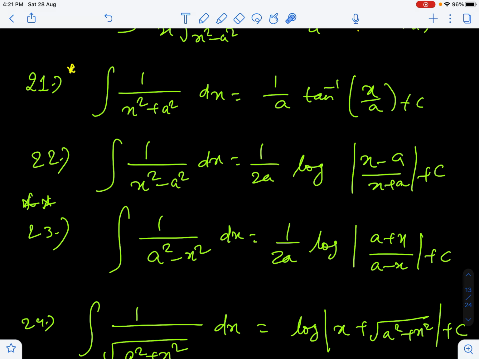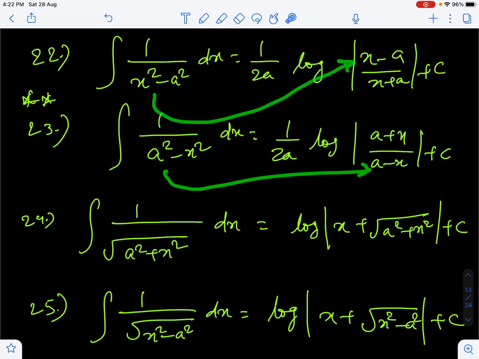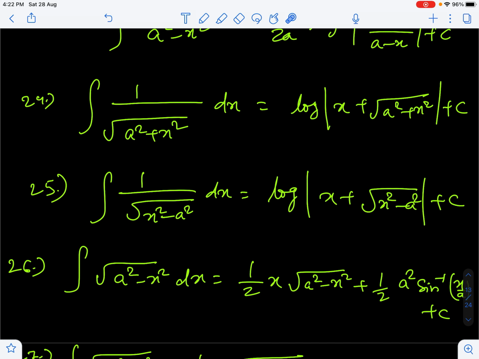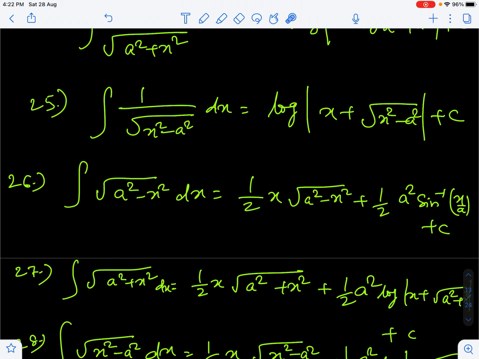For 1 by x square minus a square and 1 by a square minus x square, the 1 by 2a term is common in both, but for x square minus a square it will be x minus a, and for a square minus x square it is in denominator. Then integration of 1 by under root a square plus x square is log of x plus under root x square plus a square plus some constant, and integration of 1 by under root x square minus a square dx is log of x plus under root x square minus a square plus constant.